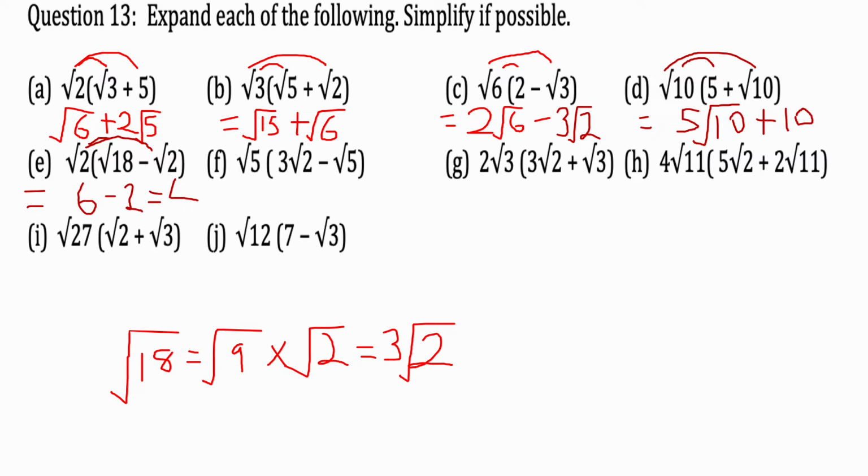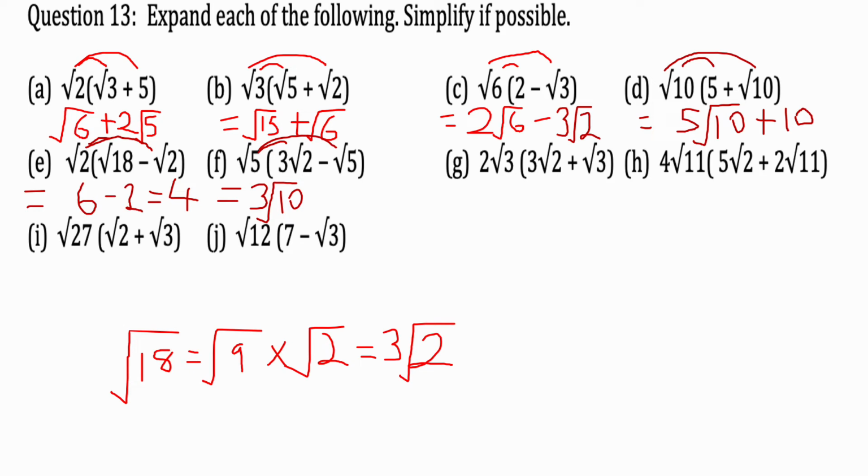So hopefully it's making sense what I'm saying so far. Part F, I've got root 5 times 3 root 2, so that goes to 3 root 10. Root 5 times root 2 is root 10, and then we keep that 3 outside as a scale multiplier.